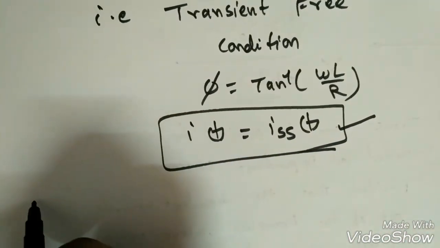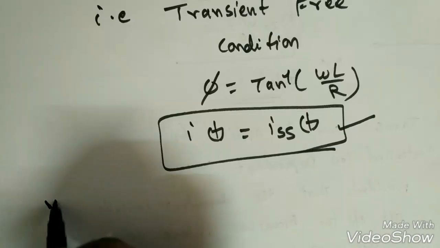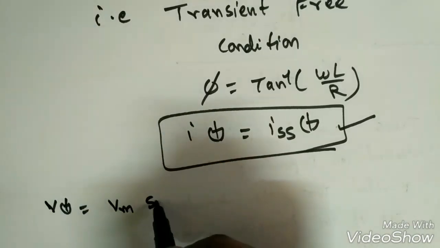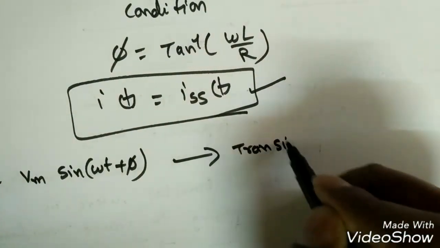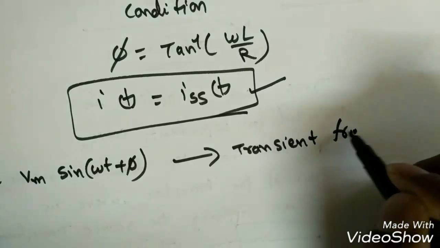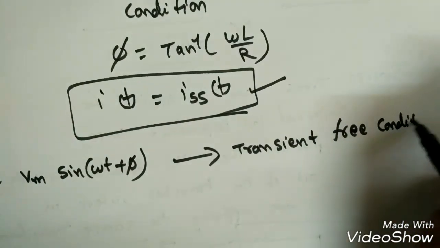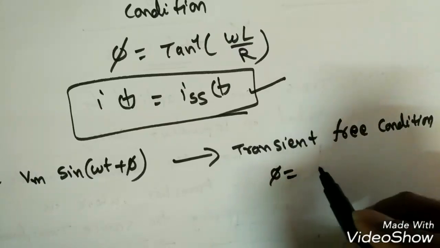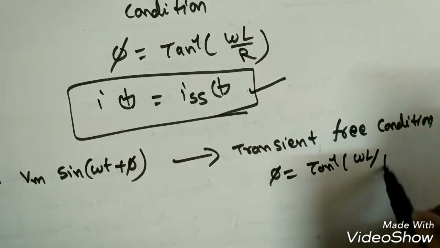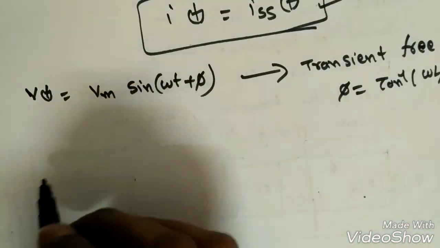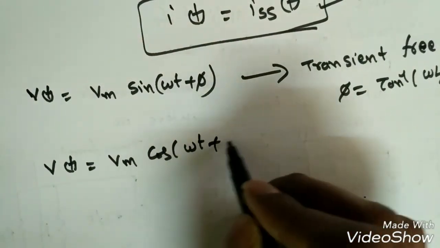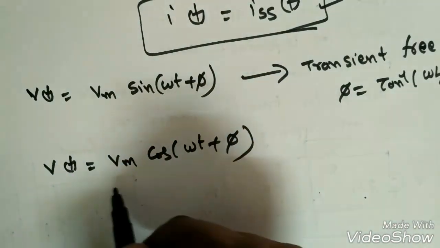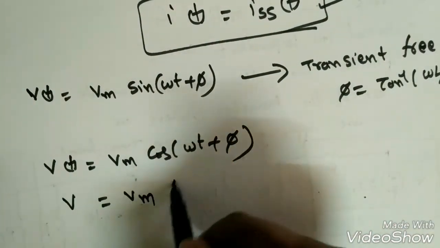Now, in the previous case, we have assumed v of t is equal to Vm sine omega t plus phi. Then what is the transient free condition? So the transient free condition is phi is equal to tan inverse omega L by R. Right? Now if we apply v of t is equal to Vm cos omega t plus phi, now what we will get? So again, in the phasor domain, we will get Vm angle phi.